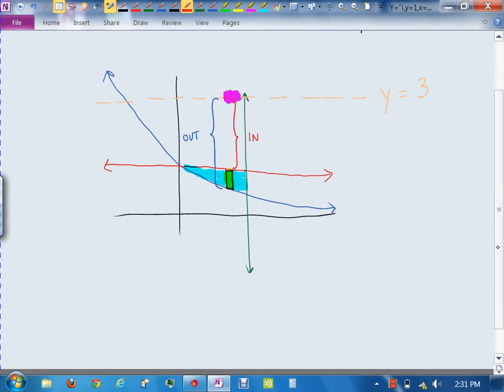And I'll just label what they are below this. The outer was what? 3 minus e to the negative x. And then what's the inner? It's constant, right? It's always 2.